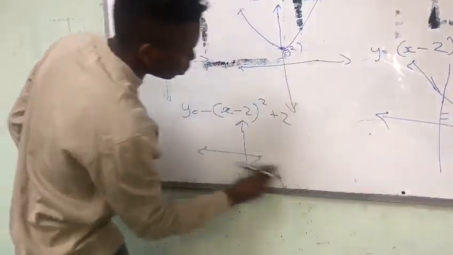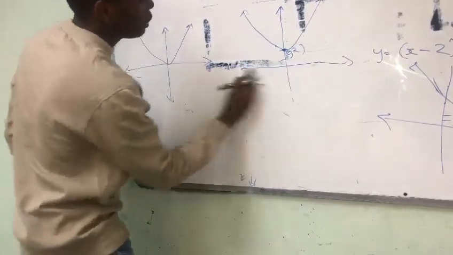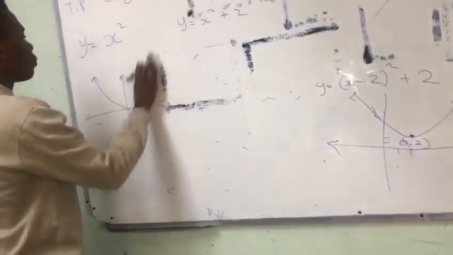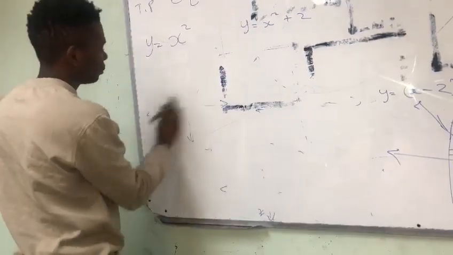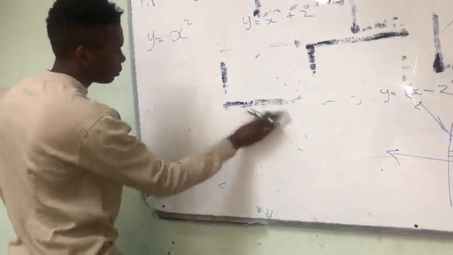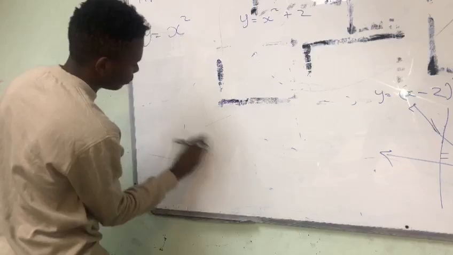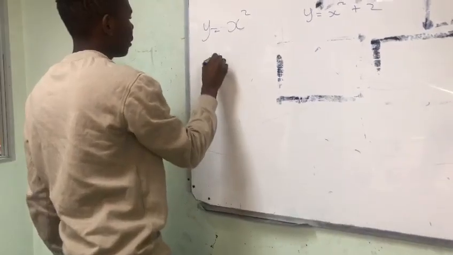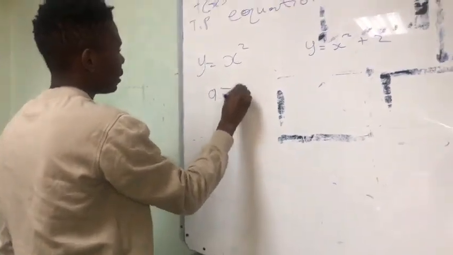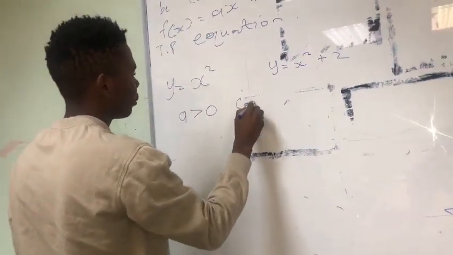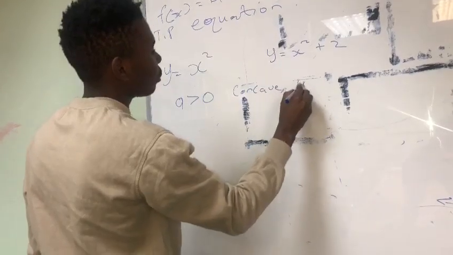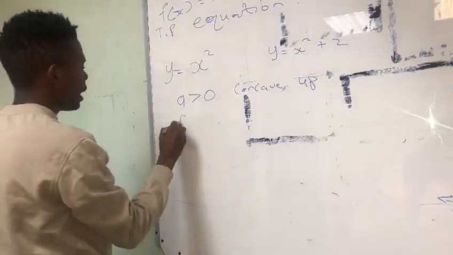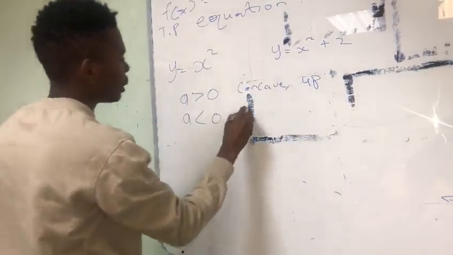Let me write those in a simple way, so that you can understand them. If A is greater than 0, it's a concave up. If A is less than 0, it's a concave down.